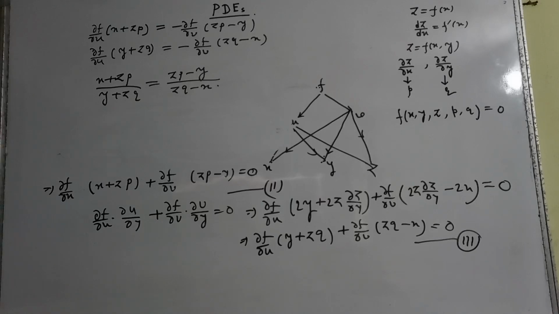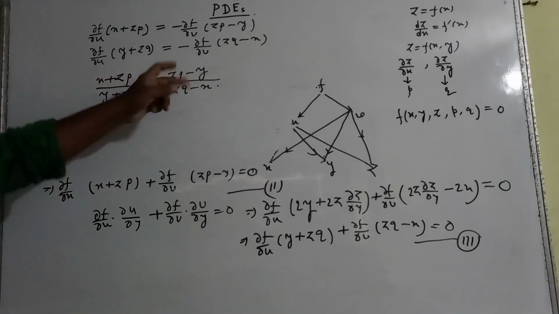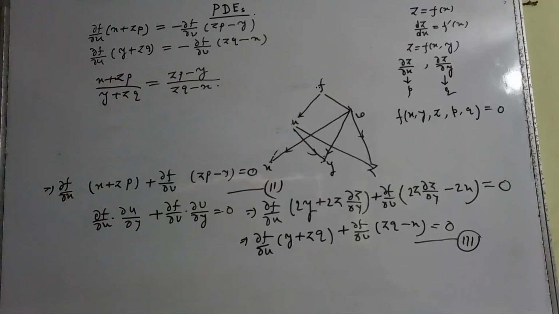Now cross multiply this and get the partial differential equation.